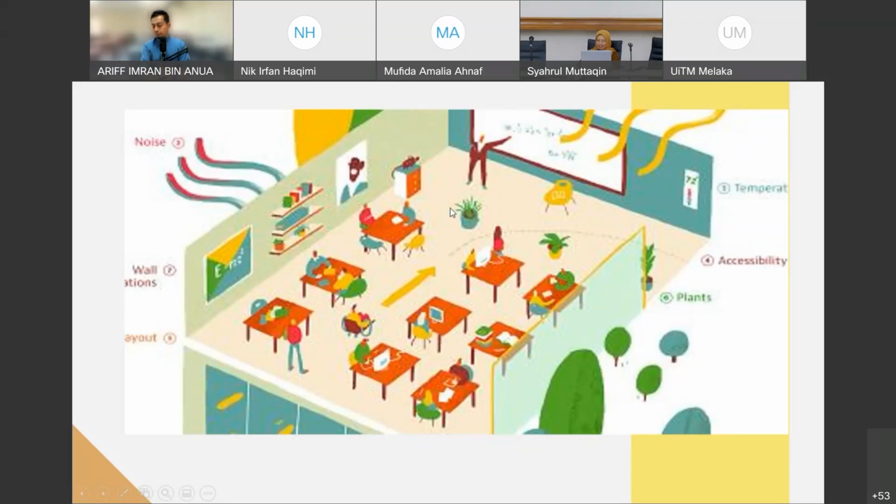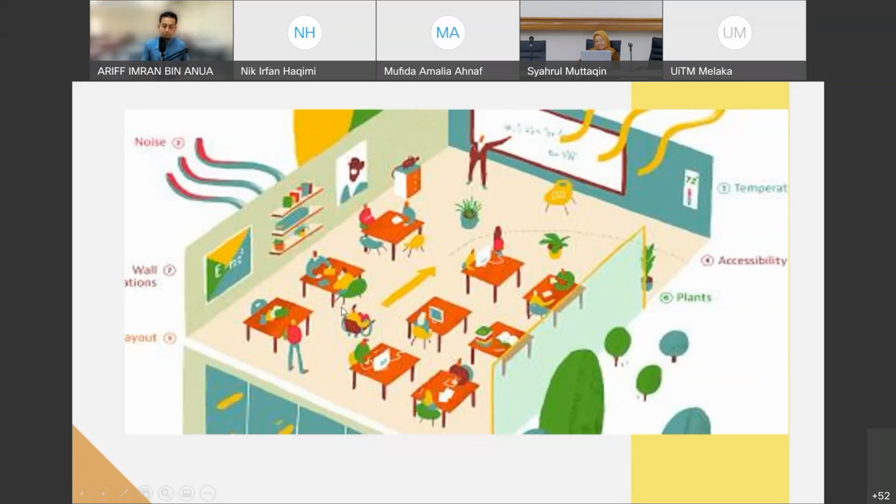How about the layout? Is it for group work, for pairs, for classical activities? And how about the movement in class? Is there room when the students are in the class? Is it too crowded?